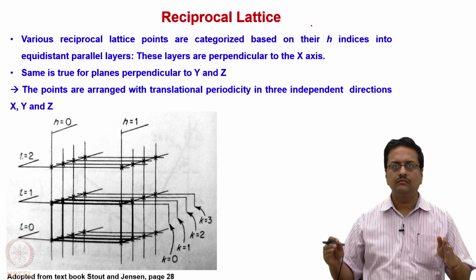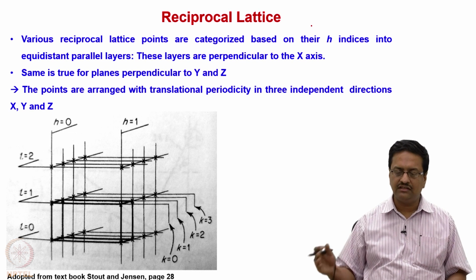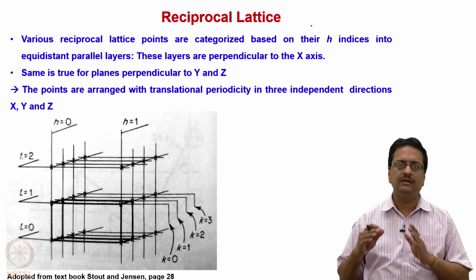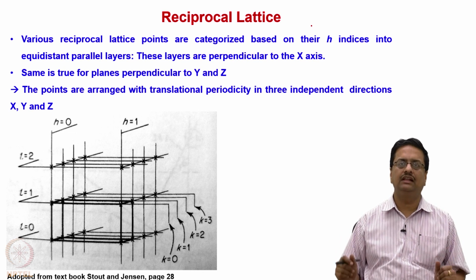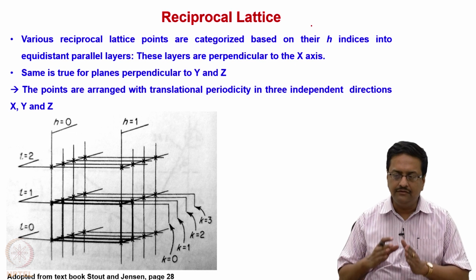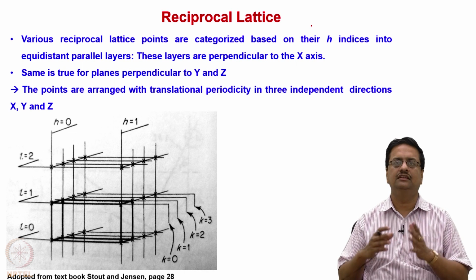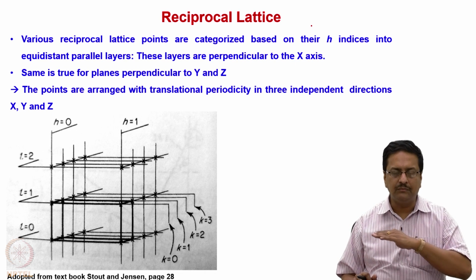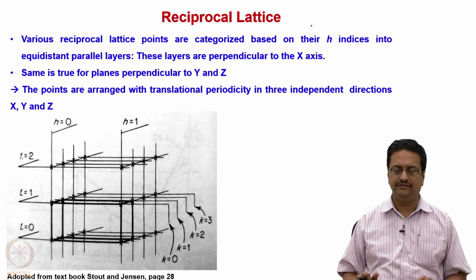So, when you expand the concept in all the three directions, what we get is a three-dimensional network of reciprocal lattice points, and every reciprocal lattice point in the reciprocal space signifies a particular plane in the direct lattice.